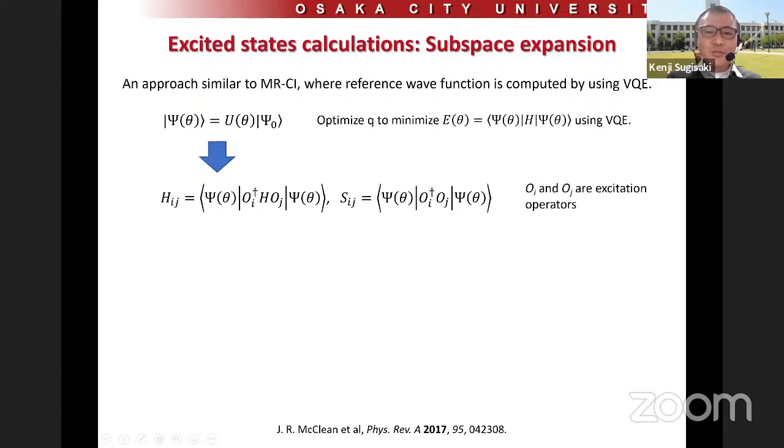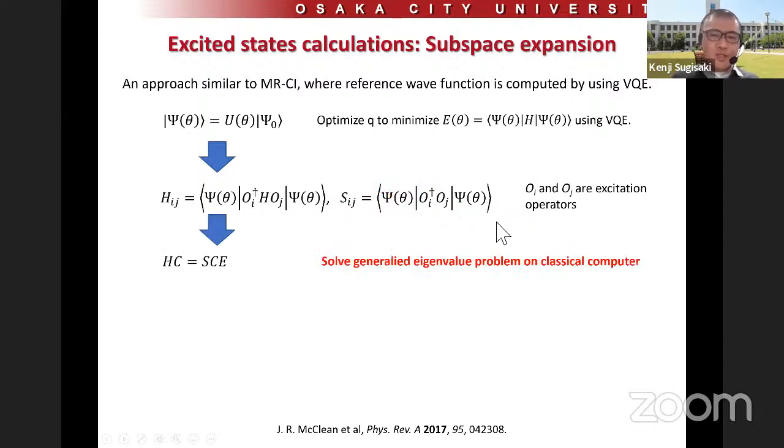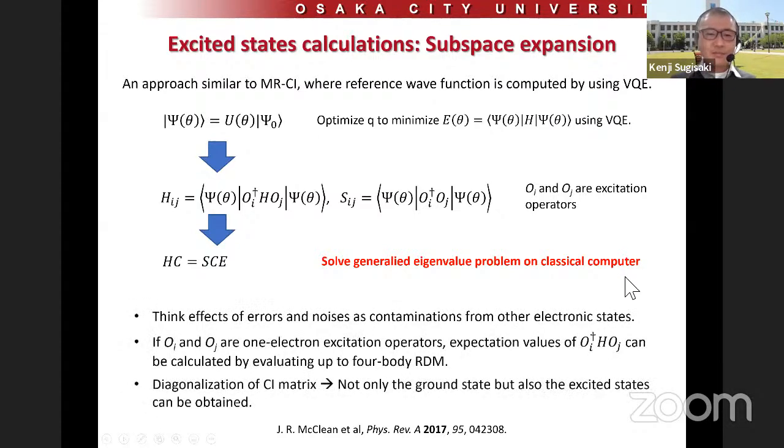Also, we have to compute the overlap between these two states. By computing this matrix element, we can construct this expression and solve the generalized eigenvalue problem on a classical computer to obtain the ground state and excited state.